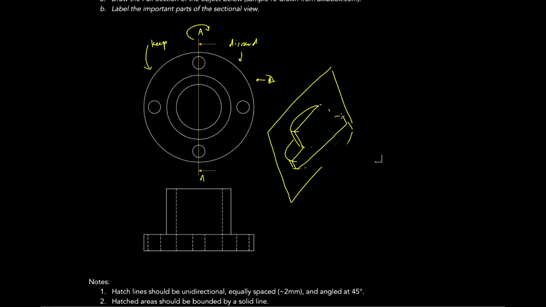This object is now attached to the cutting plane, and this is our AA cutting plane.